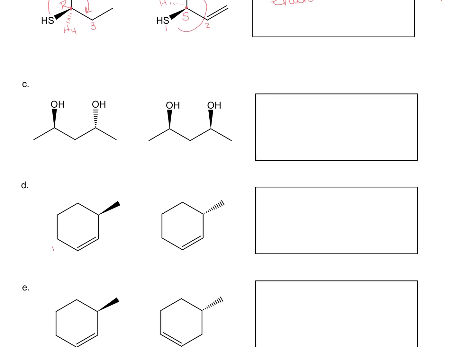So moving on to C, as we look at these molecules, this is one that you may not need to solve R and S as long as you understand this concept. So for C, we see that the two OHs are anti to each other. They are trans, whereas they are cis on the molecule on the right. So basically this chiral center and this chiral center look exactly the same.